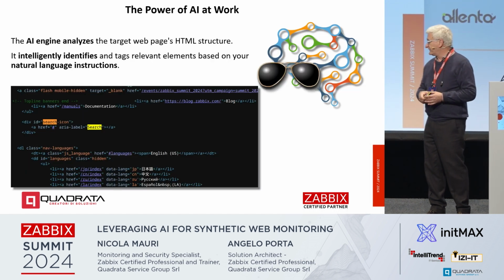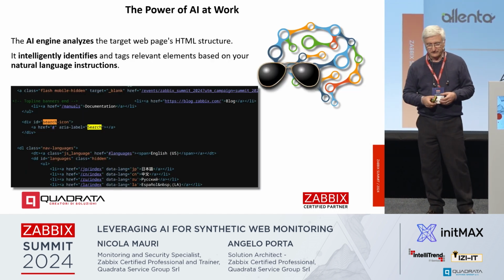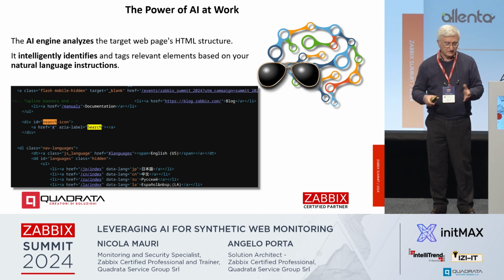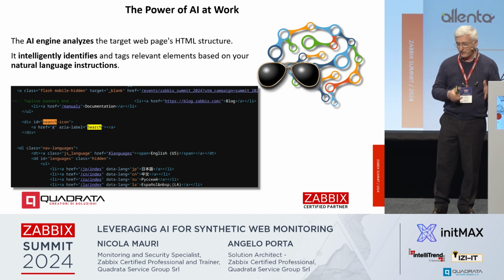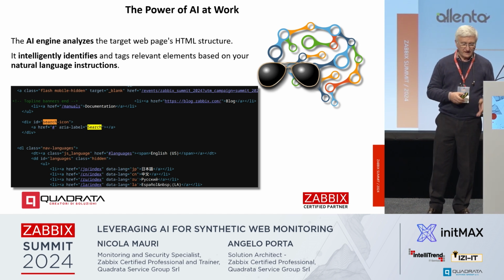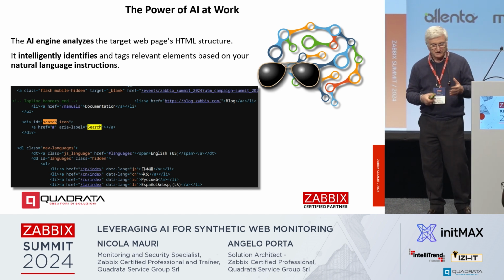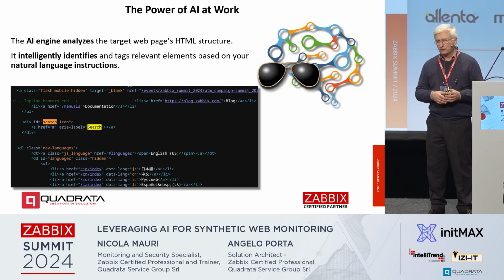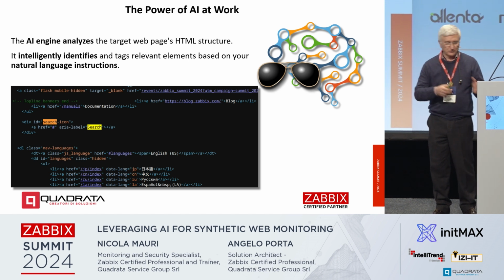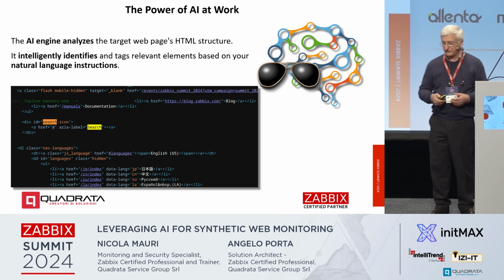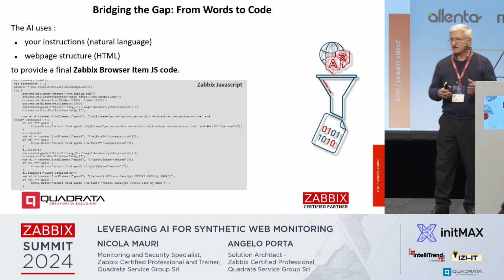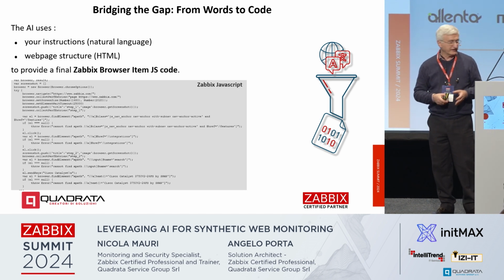What the artificial intelligence does is take our requests and move around in the HTML pages, looking for tags, looking for relevant strings, and so on, and automatically generate the JavaScript code. Very nice.